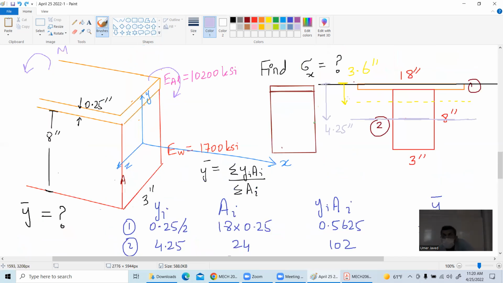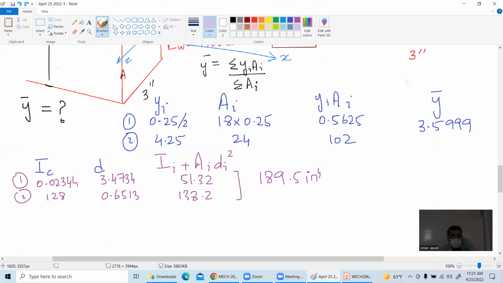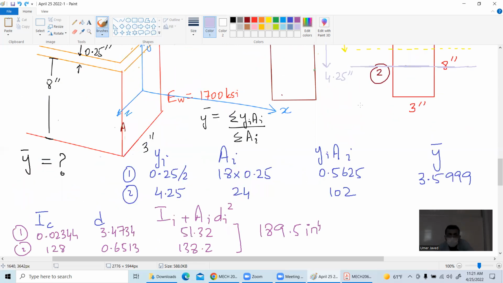Then I repeat the same process. The center of this rectangle is sitting at 0.125 inches from the top. I'm sorry, not from the top.